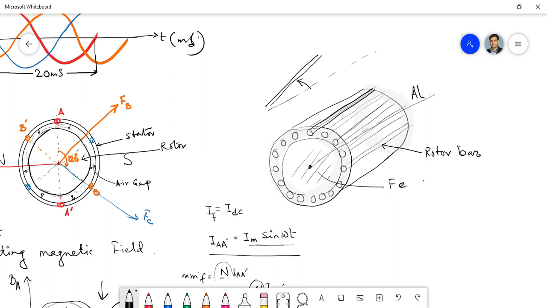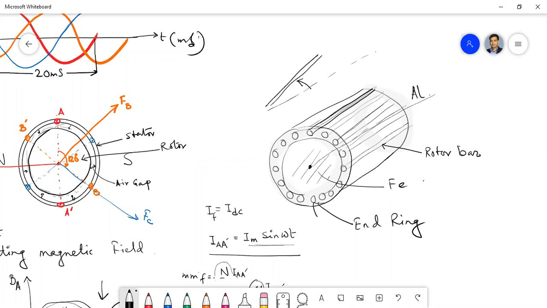This is in most small size three-phase induction motors. And if we only see the rotor bars and these shorting rings, these are called the end rings by which we make all the bars short. Two end rings are there to make all the bars short.